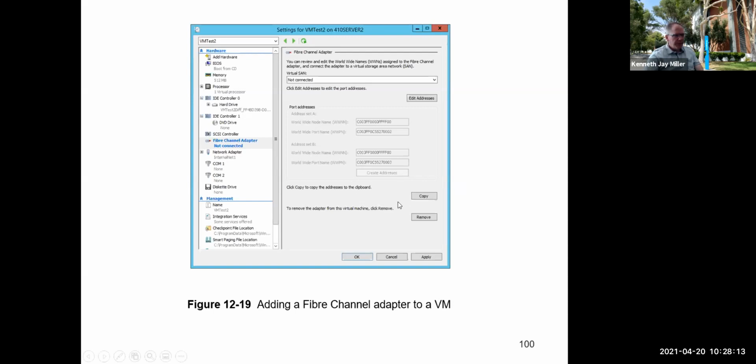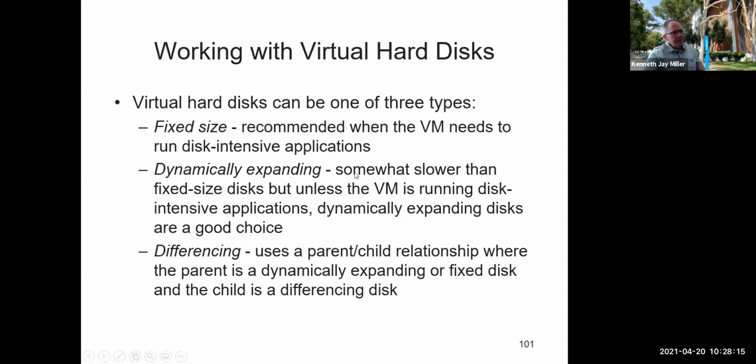All right. The virtual hard disk can be three different flavors: either a fixed size, which means all of the hard drive space is allocated at once, or it can be dynamically expanding, which means it will grow as needed up to the maximum size, or it can be a differencing disk.